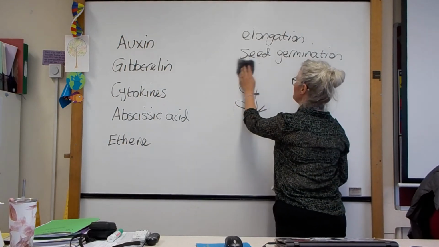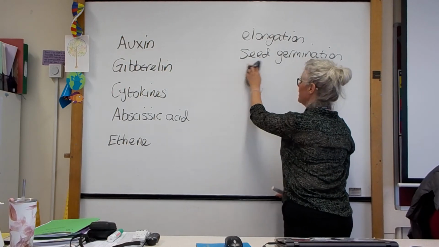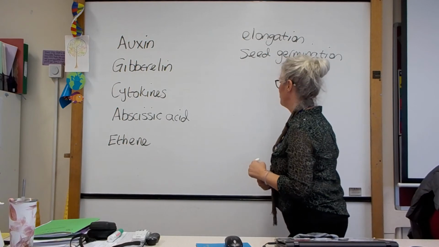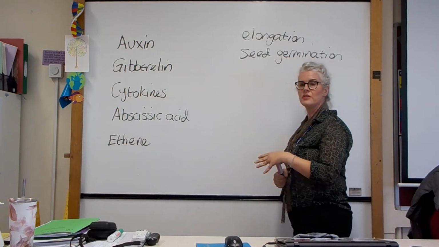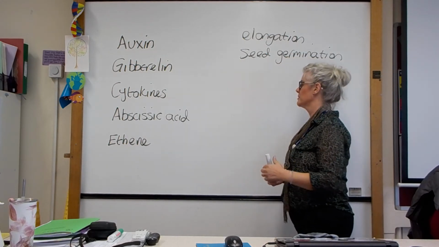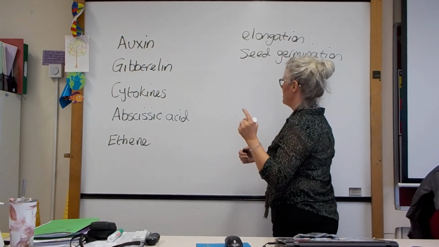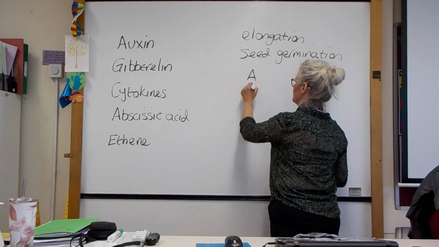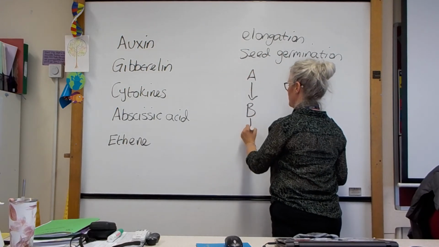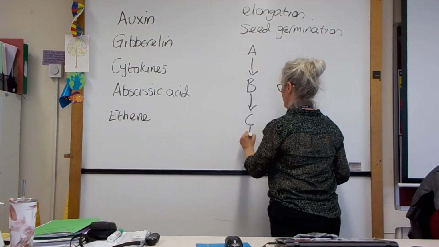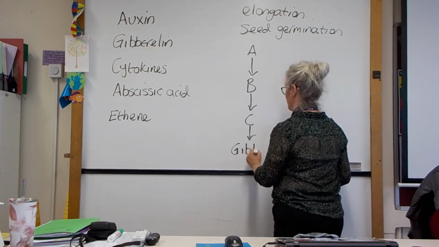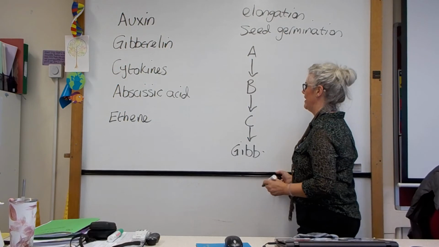Now, the way that they discovered the effect of gibberellin was because they noticed there were dwarf plants, and there was a cascade, a sequence of events, a long and complicated pathway, and you finally end up with your gibberellin at the end.